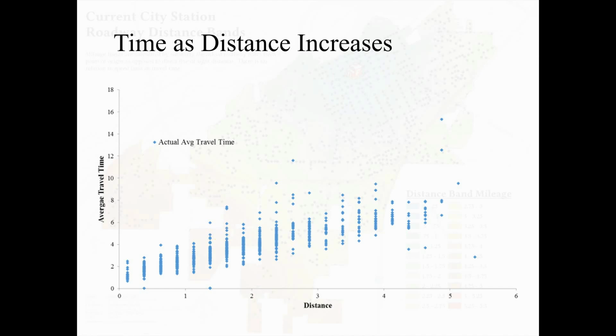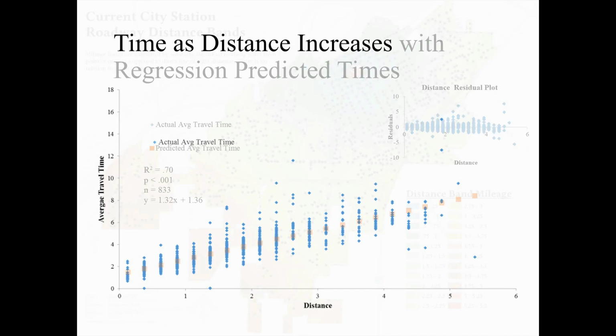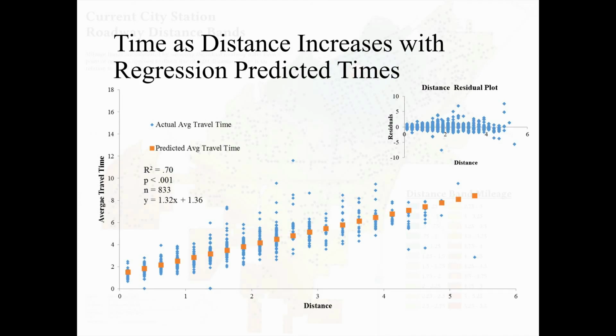Nothing too crazy there. But because now we have this relationship, we can create a linear regression model to predict what the travel times would be like at each distance band. And it's a pretty good model. So our R squared is 0.7, which means that 70% of the variability in our travel time is predicted by distance, which is pretty good.